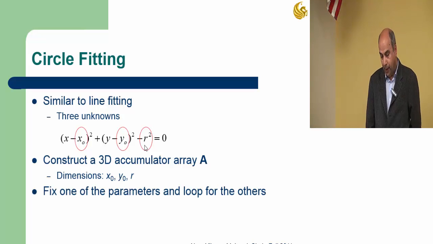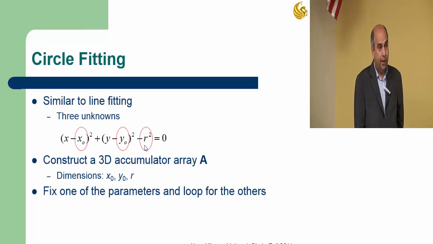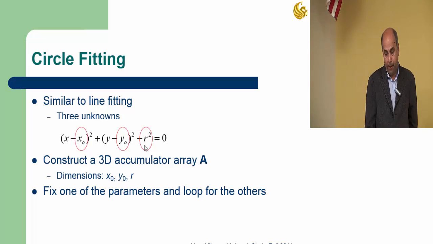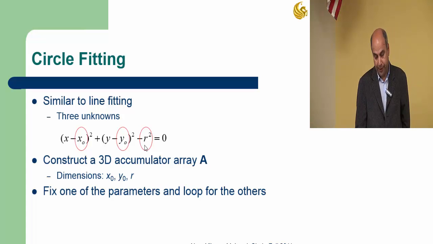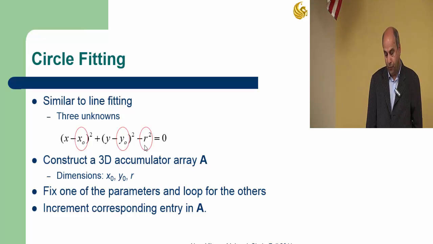And we can, as we did in the straight line, fix one of the parameters and loop through the others. So we can do the same thing here, and then we will be able to increment the corresponding cells.